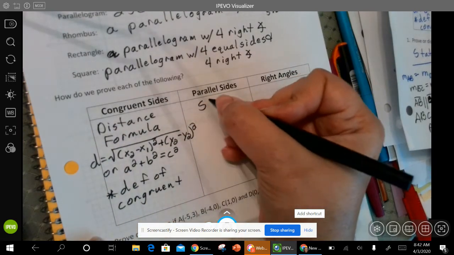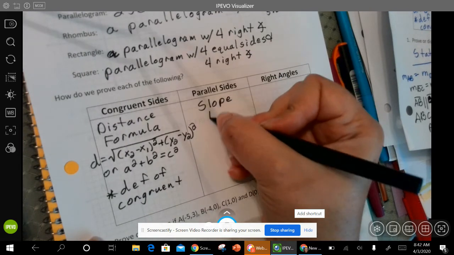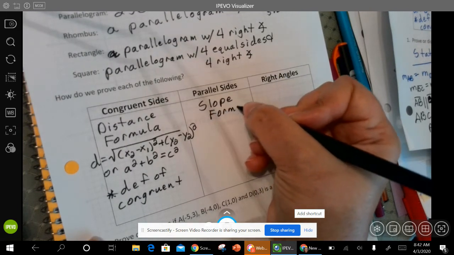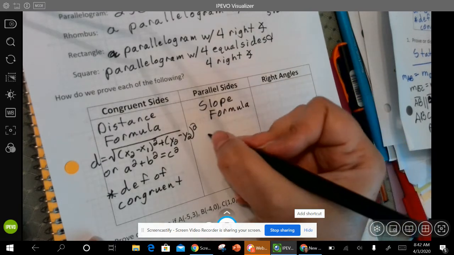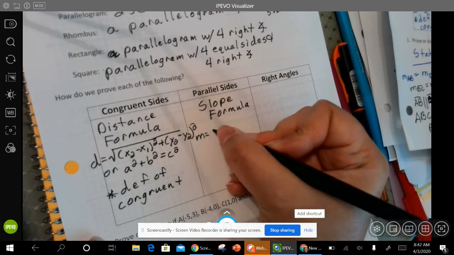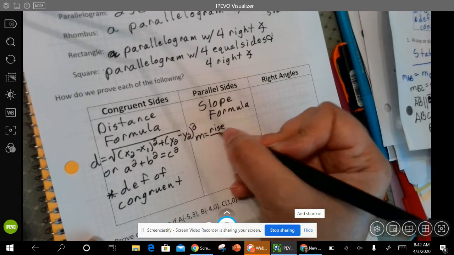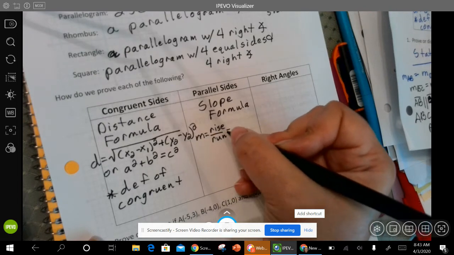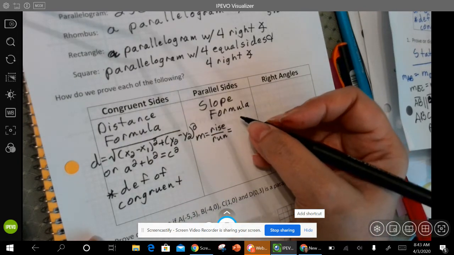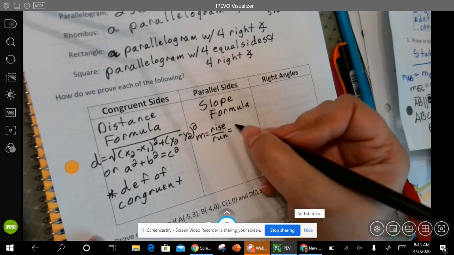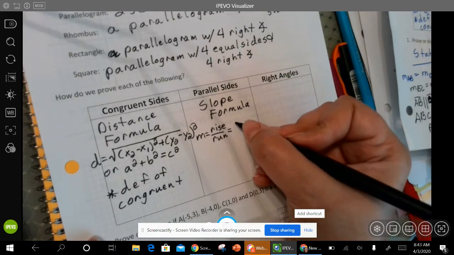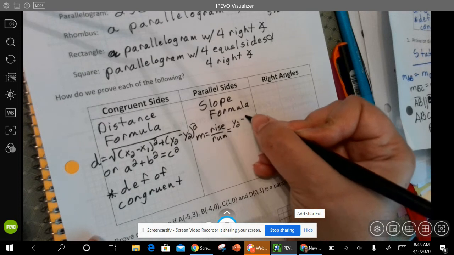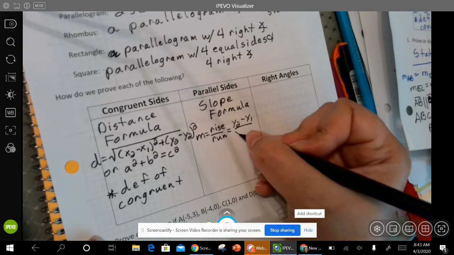Okay, parallel sides. So we were going to use our slope formula. Okay, so remember, you can use slope is equal to rise over run. You can also, everybody remember, graph it out so you know which point is to the left or the right for this. So it's the change in y over the change in x.